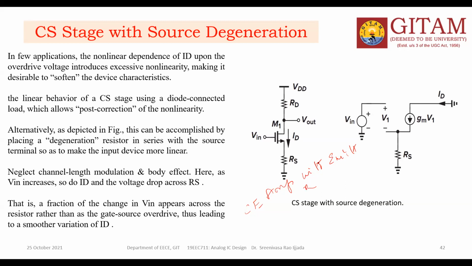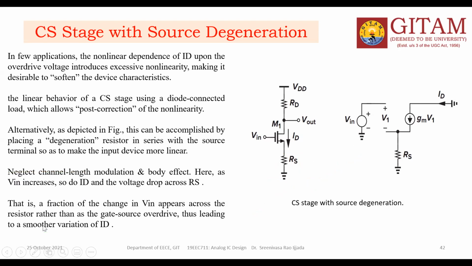This is the CE amplifier, and of course the CS amplifier, with emitter resistance, or source resistance. In what manner does the emitter resistance work? If there is any change in the input voltage, the corresponding change appears across the emitter resistance, thereby ID will change linearly. The same thing you can apply here.